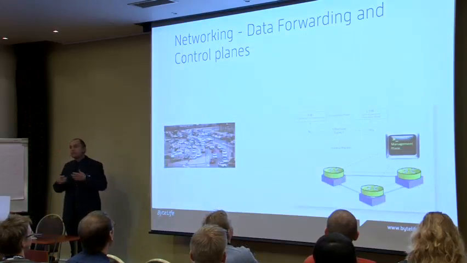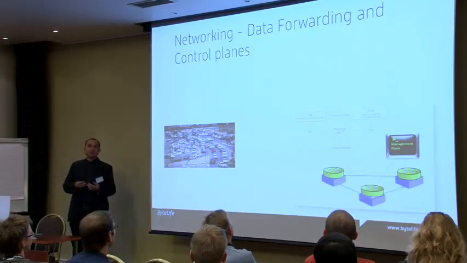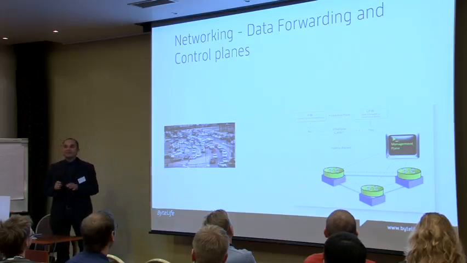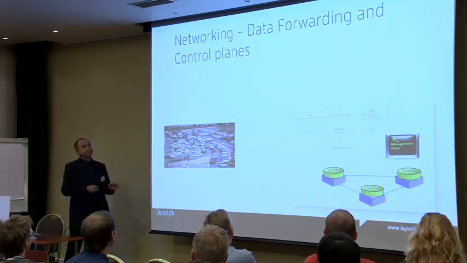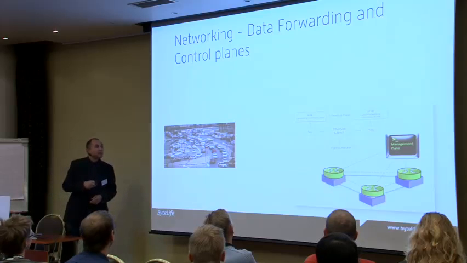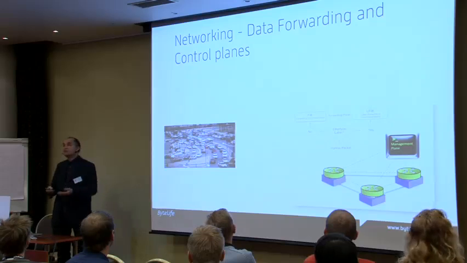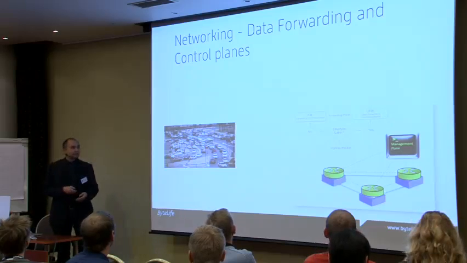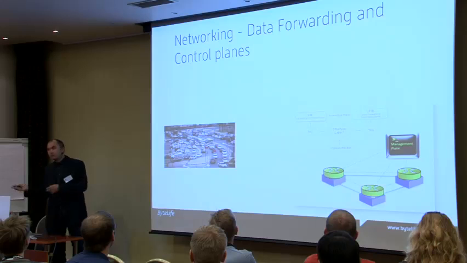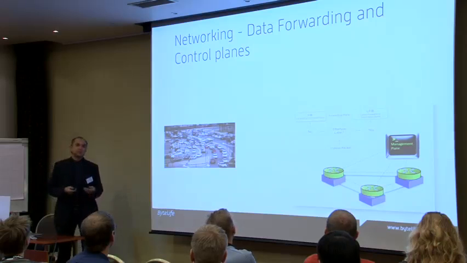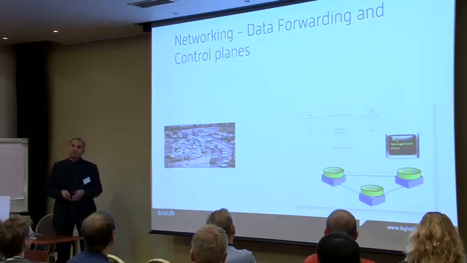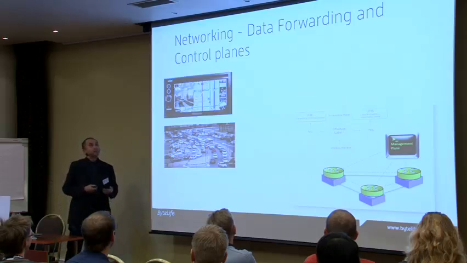When we talk, I probably touched several times on different planes, control plane, data plane, etc. So just briefly, if you're not networking people, there is a slide for you. First of all, analogically, the data plane is where the stuff goes on. The real-time traffic, like the cars running through the city, that's a packet flowing through the infrastructure. But the cars actually can't run by themselves very well. They need some guidance.